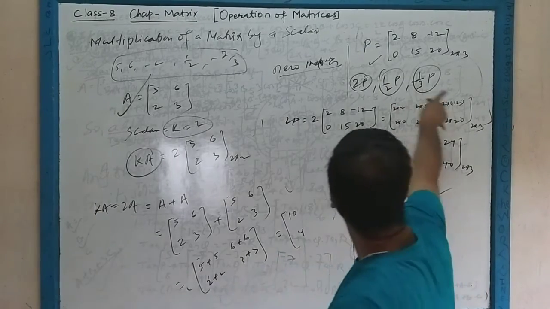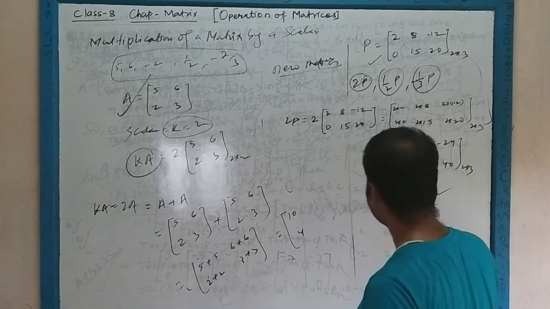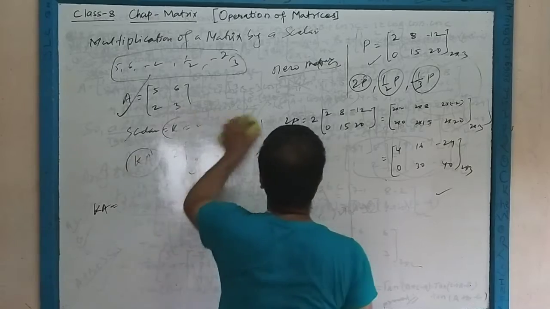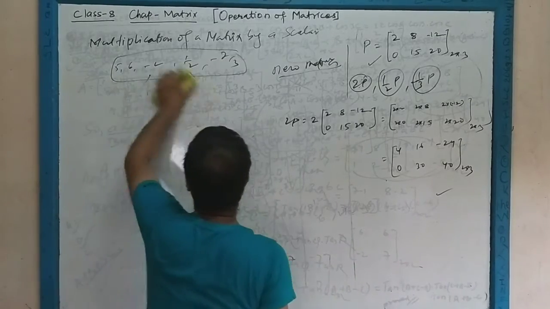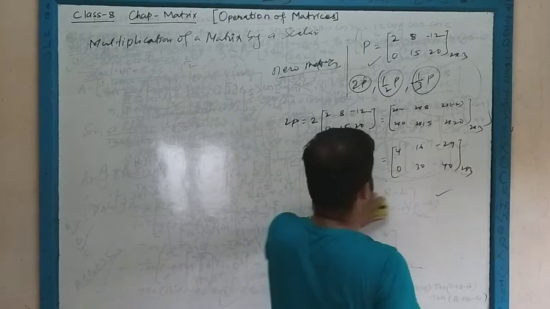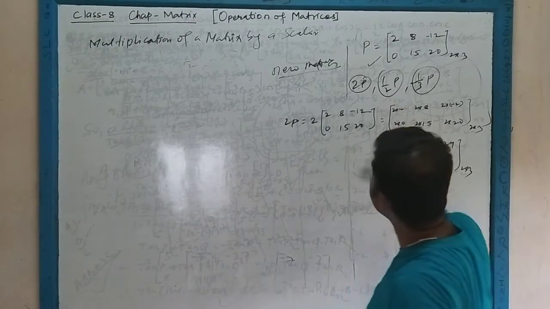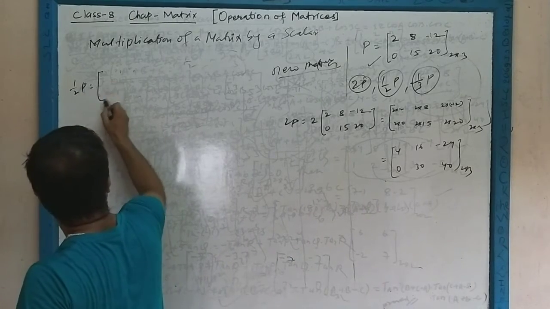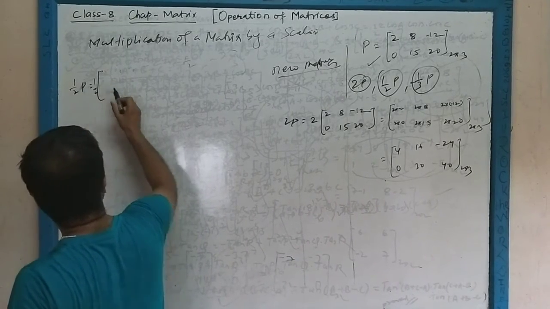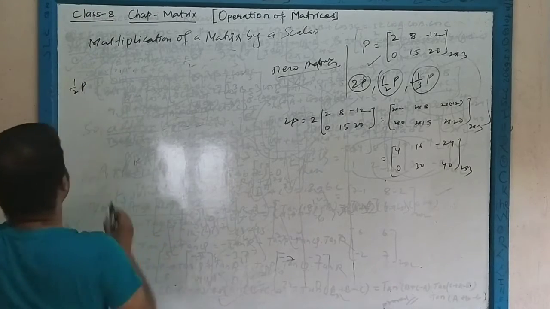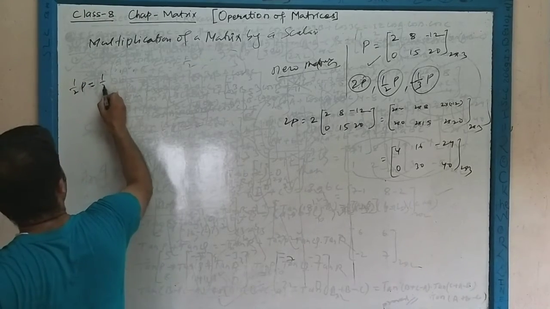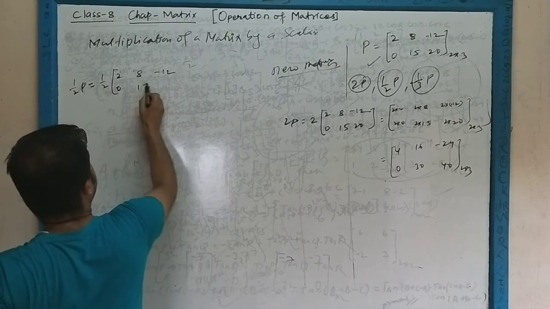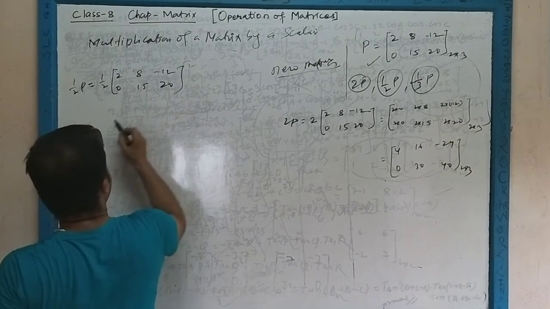In the same way, you find the result for the others also. Let's multiply by half. Half of P is half times matrix P. What is P? It is 2, 8, minus 12, 0, 15, 20.